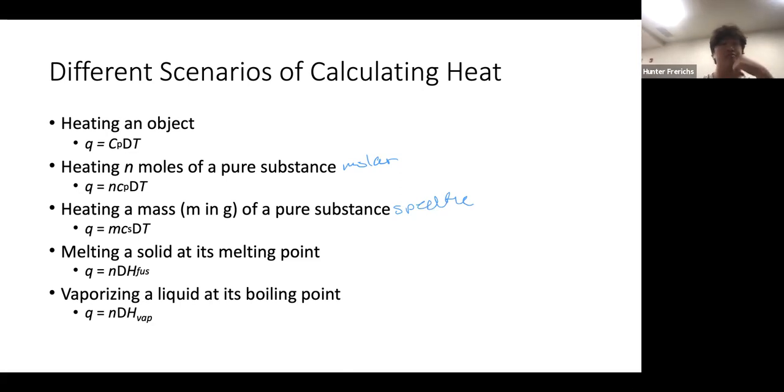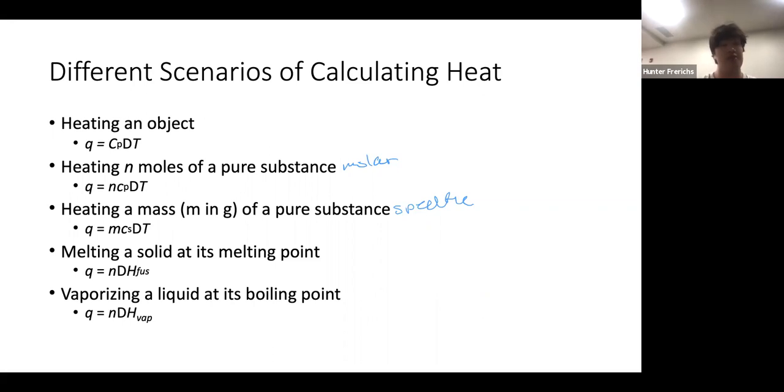Then there are two more, like we discussed in the practice problem, which is Q equals n delta H of fusion. Typically, if you get problems like this on a test, your delta H of fusion should be given to you, unless you have to calculate it, which we'll learn later in the semester. And n is your number of moles.